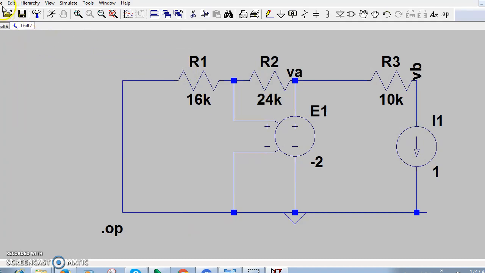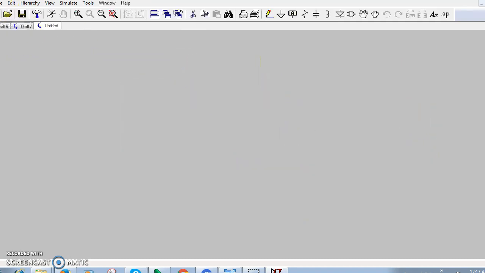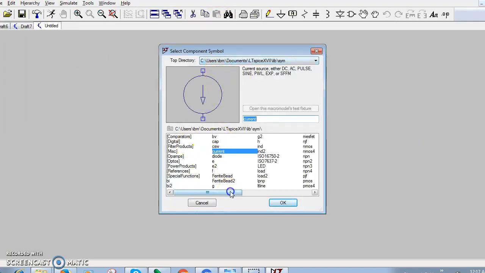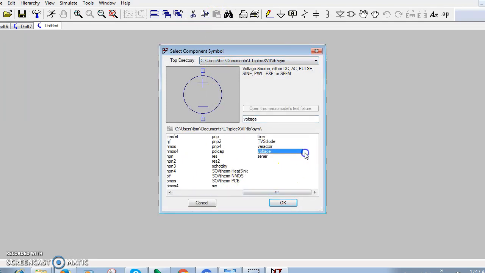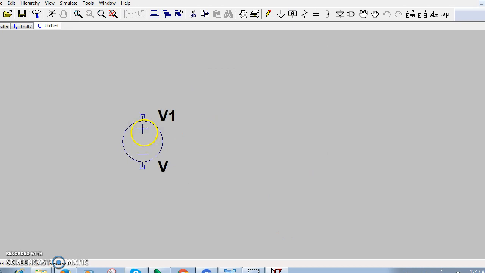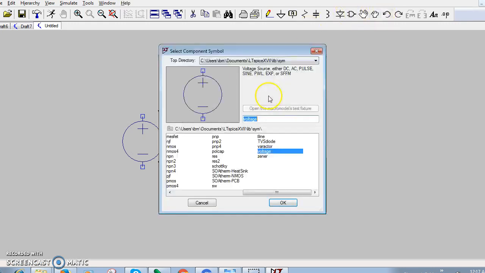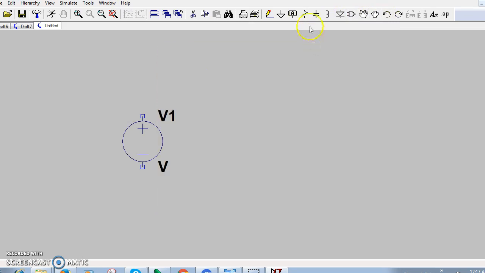So now let's construct an equivalent circuit diagram. So a voltage source, okay, escape, a resistor, oops, let's undo it, we need to rotate the resistor, Ctrl R, and then connect it by wires.